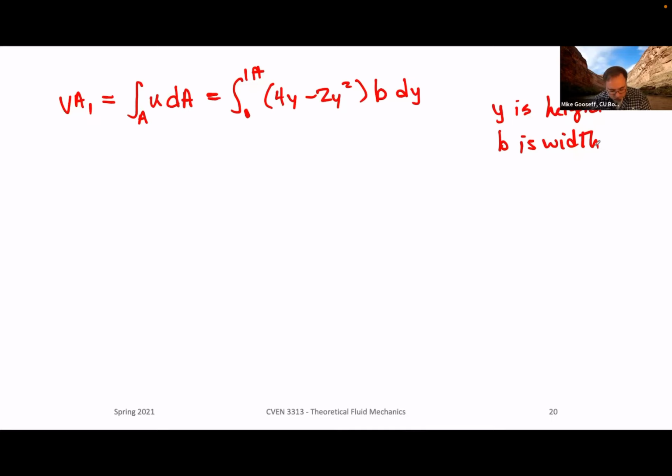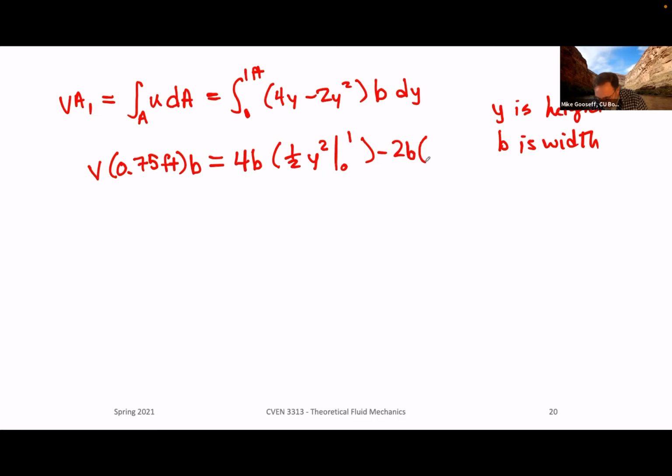So B is constant, so now we end up with V times 0.75 feet on the left-hand side times B, that area, is equal to, if we take this integral, 4 times B, let's just keep that in front as a constant, times 1/2 y squared, which we evaluate from 0 to 1, minus 2B times 1/3 y cubed, evaluated from 0 to 1 as well.